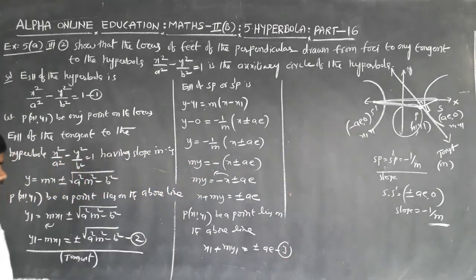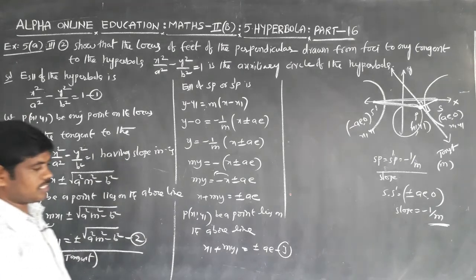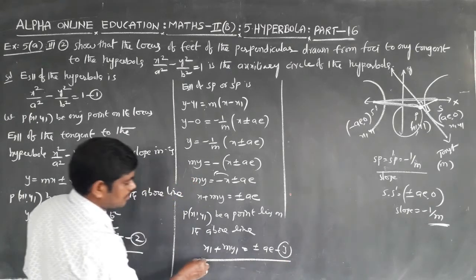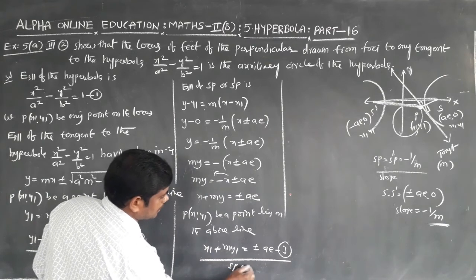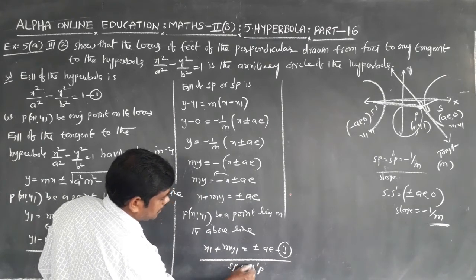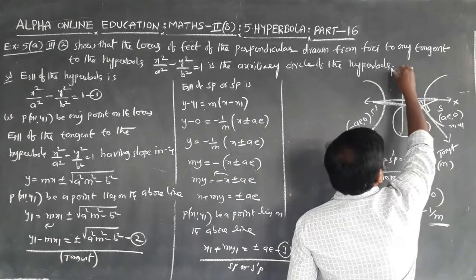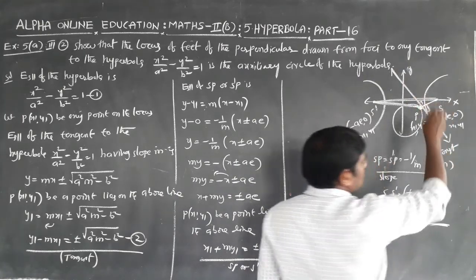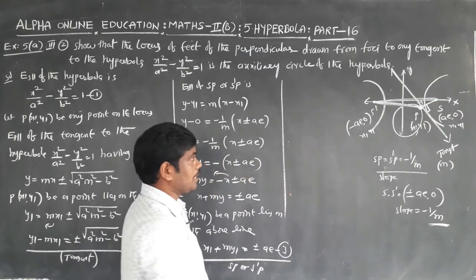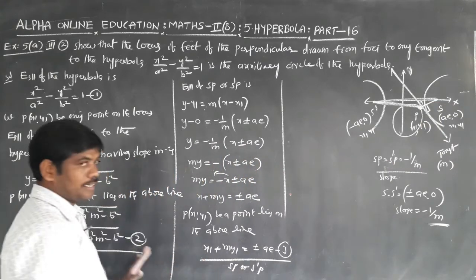This is the equation of SP or S dash P. Here the point of intersection of the tangent and SP is the locus of P. So solve 2 and 3.